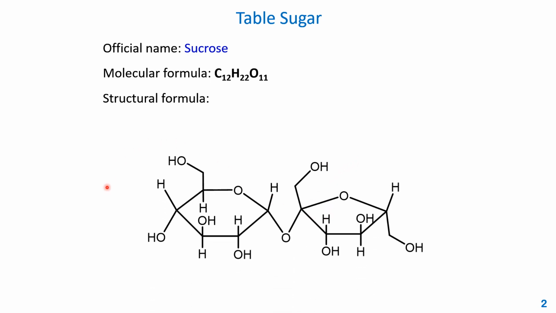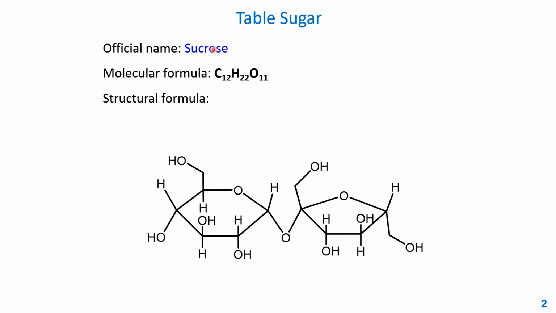You can see the left part of this table sugar is actually a glucose, and this is a 6-member ring, and the right part of this sucrose is actually fructose. So glucose and fructose are so-called monosaccharides. They are the simplest unit of the sugar.